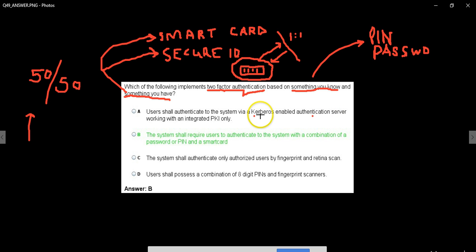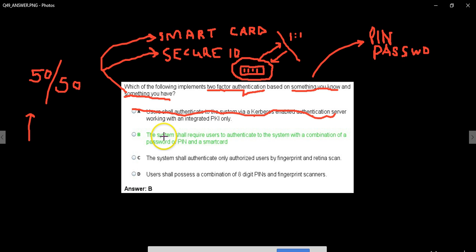You would get a ticket from a Kerberos authentication server. So that would probably mean that it's something you know. And PKI is a certificate, so that's integrated into the Kerberos. So this is not two-factor authentication right here. So we immediately can get rid of this.